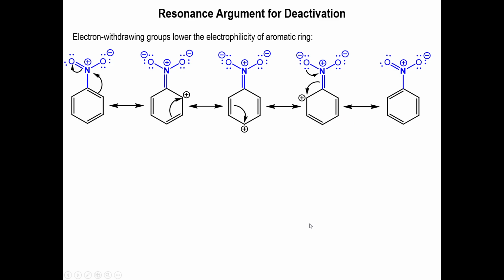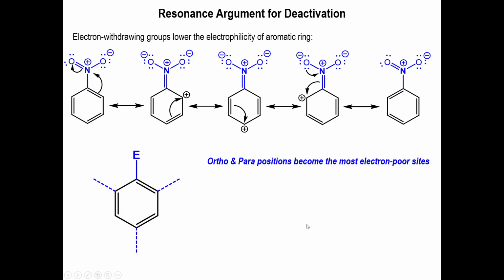But what you're seeing happening right now is that with the electron withdrawing groups, the ortho and para positions happen to be the least electron dense sites on the molecule. In essence, these are the sites that would be the least likely to behave as nucleophiles. And what that also means is that if you actually undergo substitutions in these type of molecules, you'll undergo the substitutions on the meta positions, because those are the ones that have the most electron density, because between positive charge and neutral charge, neutral is more electron dense.